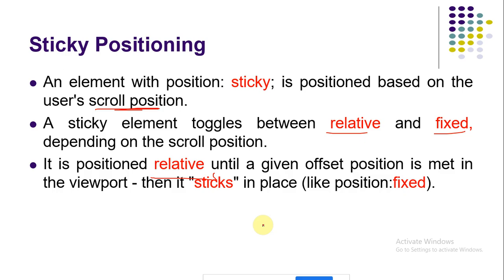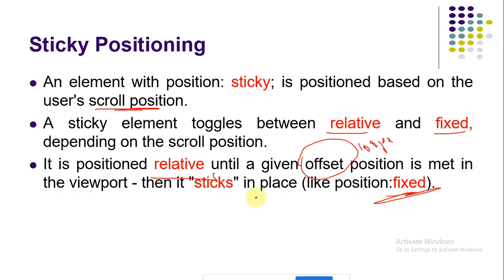So sticky will work based on the scrolling. If you set some offset value, for example 100 pixel, once it reaches 100 pixel, it becomes fixed there. That is, it will stick there. Okay, that's what sticky positioning is.